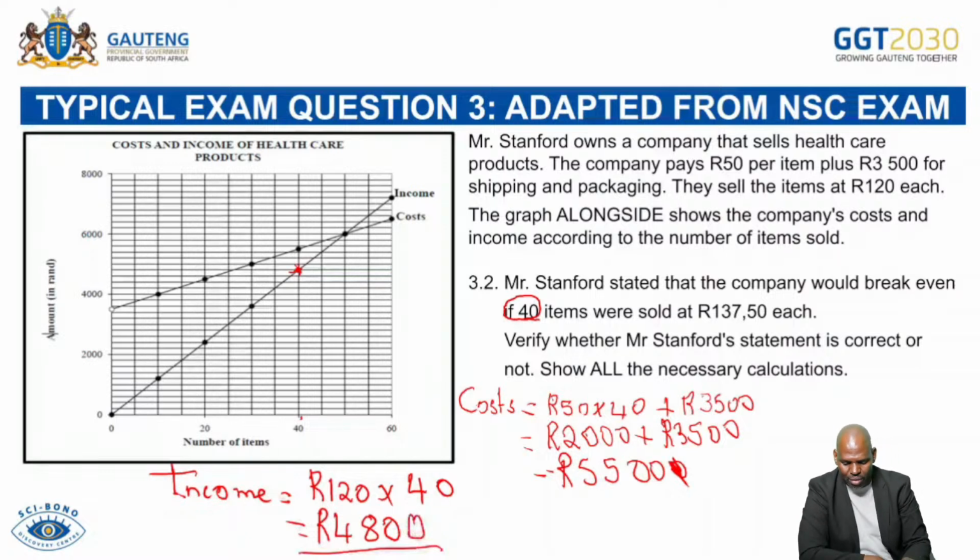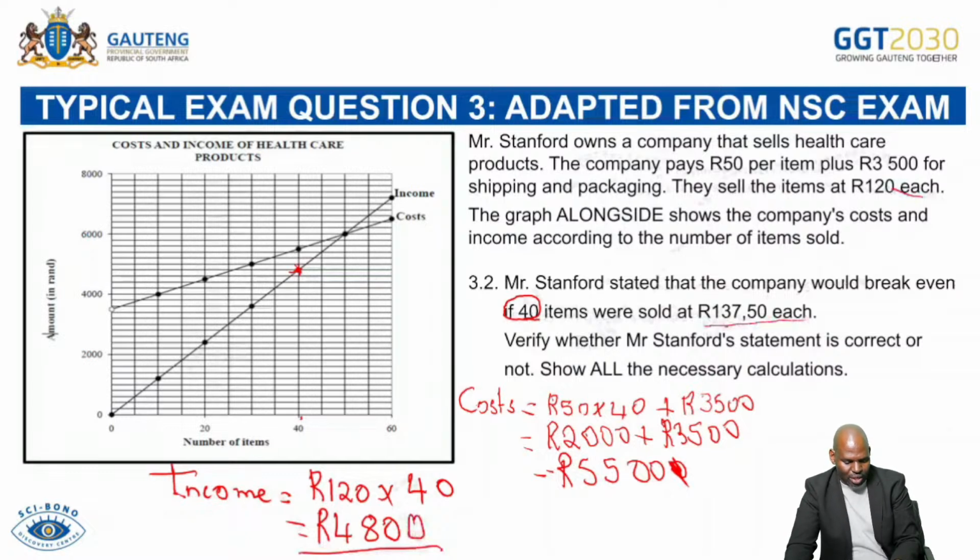Sorry, I must take. They say the company pays 50 Rand per item plus 3,500 for shipping and packaging. They sell the item for 120 Rand each. Mr. Stanford stated the company would break even if 40 items were sold at 137 Rand and 50 cents. So I must take 137 Rand and 50 cents, and multiply by 40.